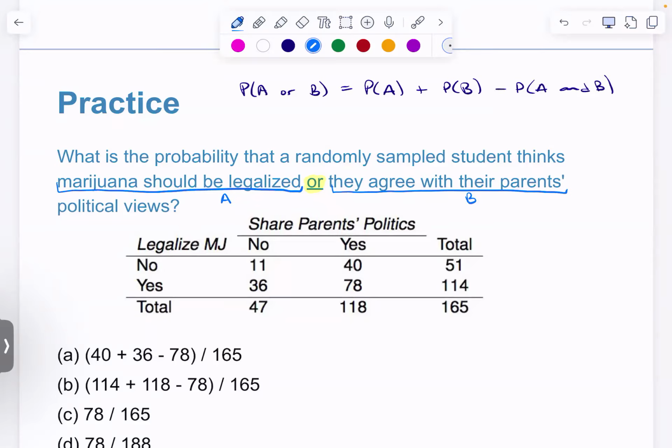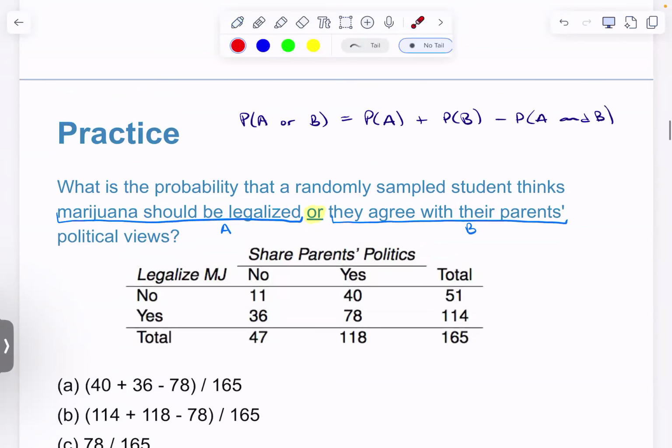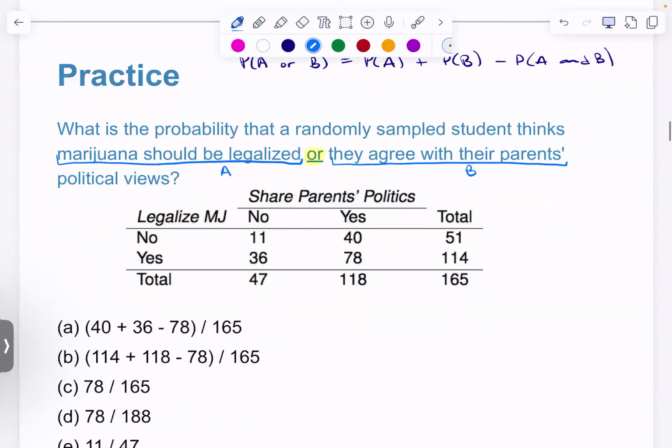All right. So in terms of the probability of A, which is what we'll need, here we want to find the probability that a student thinks marijuana should be legalized, which we've grouped into A, or they agree with their parents' political views, which we've grouped into B. We need the probability of A. So really what we need is the probability of legalize, I'll use the shorthand MJ, and yes.